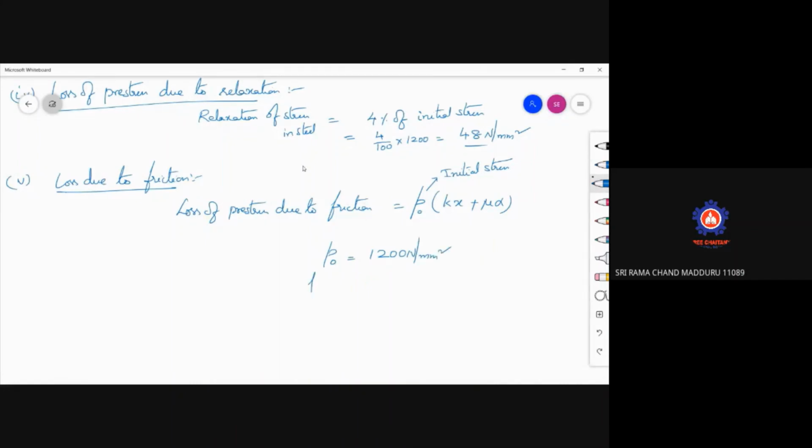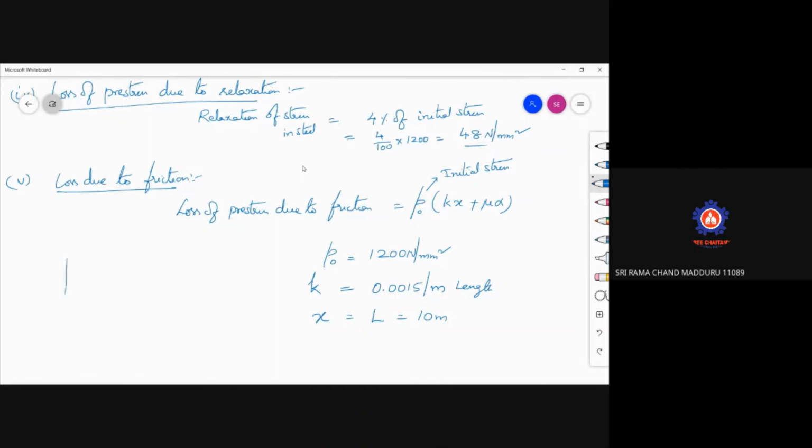And K is given in the question as the wave effect coefficient, which is 0.0015 per meter length. You can refer to your question. X is nothing but L here, 10 meters. So for the entire length of the span, 10 meters, X will be considered as 10 meters.